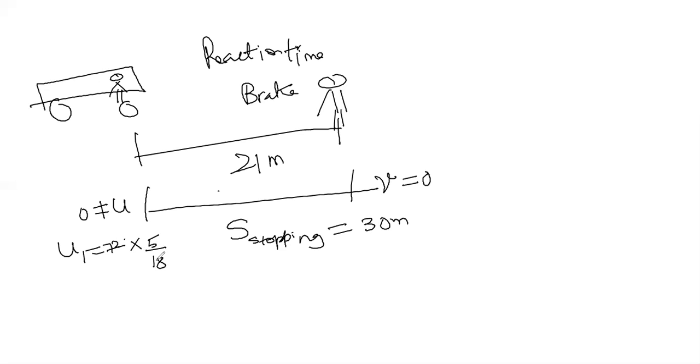I hope you know that. Then it will be 4 times 5s are 20 meters per second. First convert that. This is u1. When his initial velocity was 20, he could stop at 30 meters. Is this understood? Yes, sir.